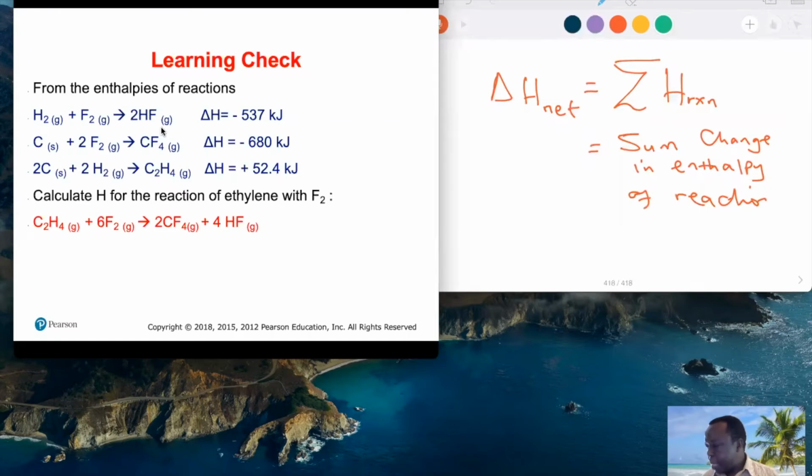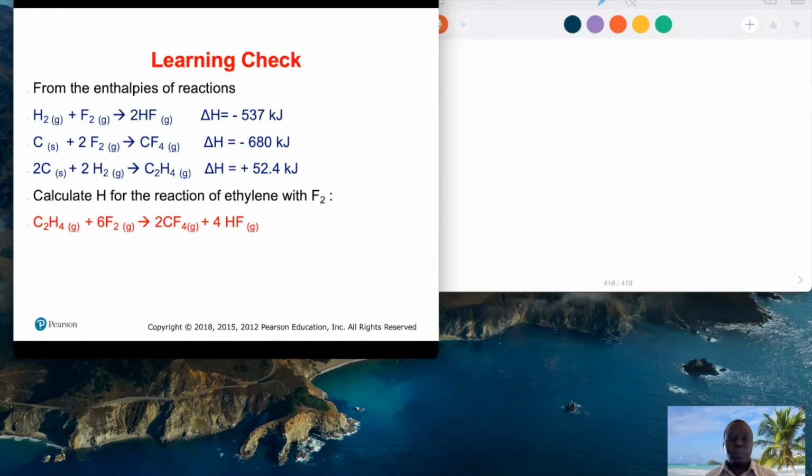So what I'm saying here is, since equation 1 is multiplied by 2, we'll end up with 2 moles of hydrogen gas plus 2 moles of fluorine gas to produce 4 moles of what? 4 moles of hydrogen fluoride gas.